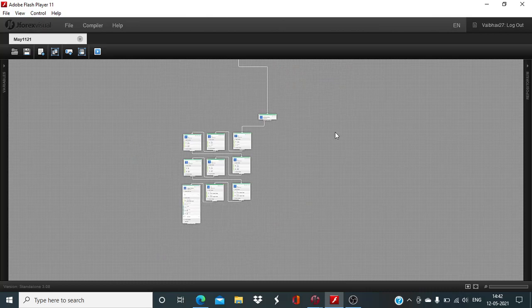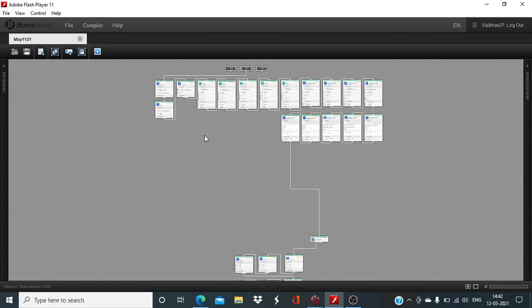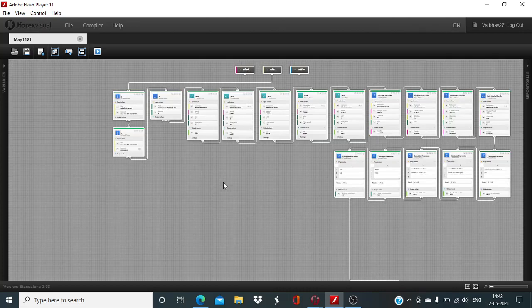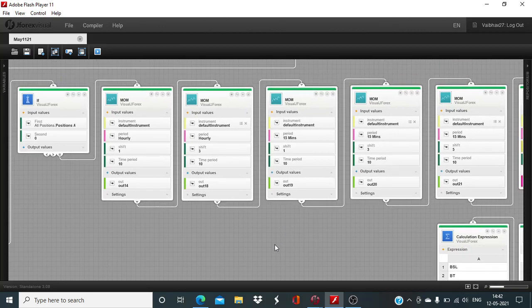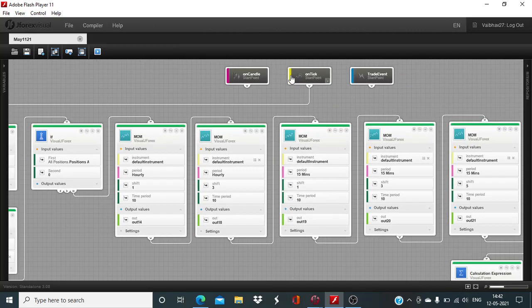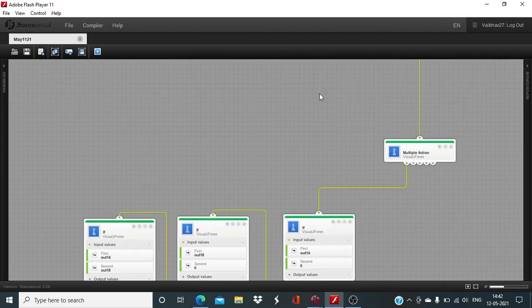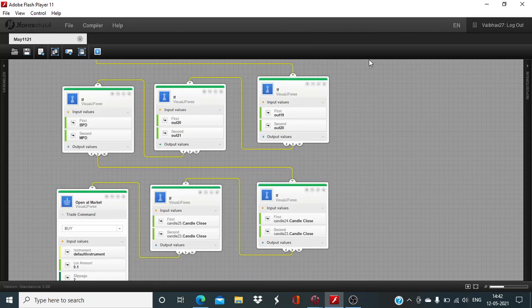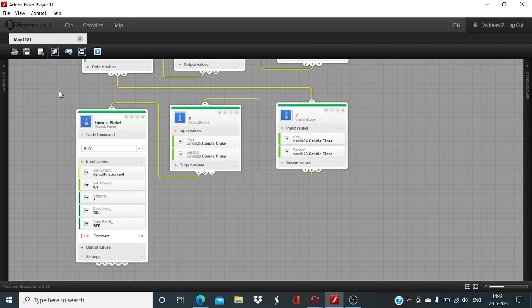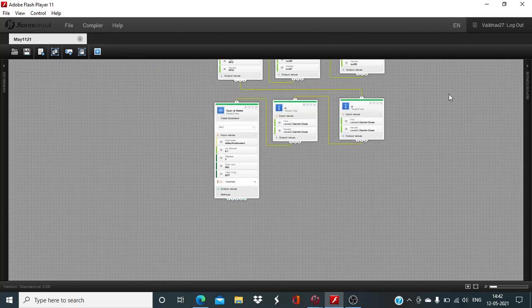So our buy side setup is complete, and I will color code it to make sure that algorithm flow is going through all the way till the execution block, order execution block, and yes it is.